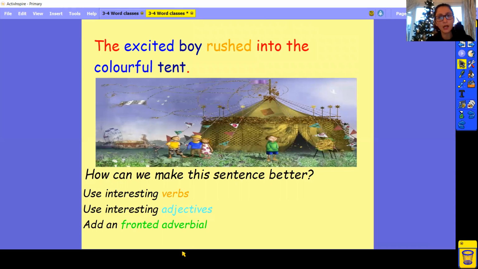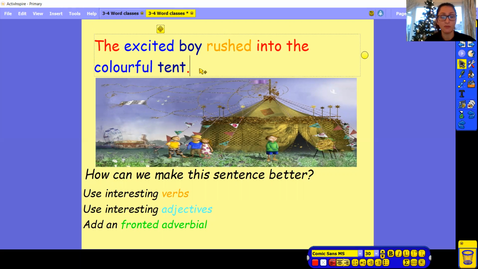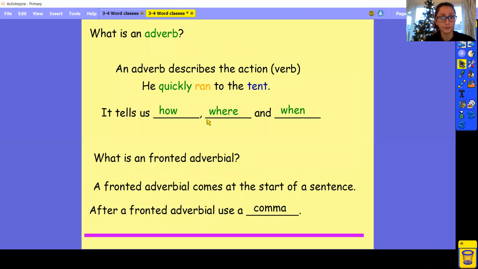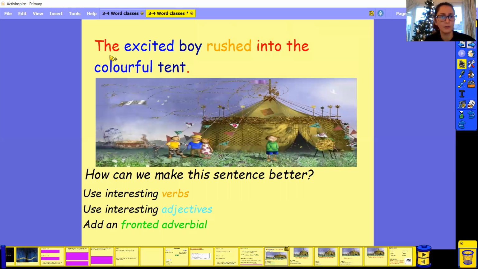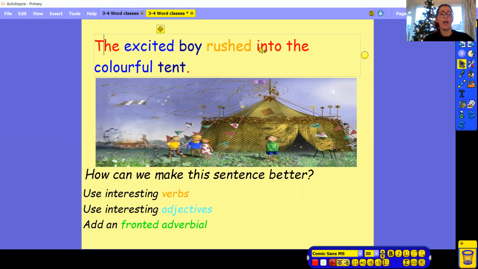Remember, where does a fronted adverbial go in the sentence? Is it the beginning, the middle, or the end? Well done if you said the beginning. So remember, a fronted adverbial tells us how, where, and when. So I'm thinking, oh, I might use a when adverbial.